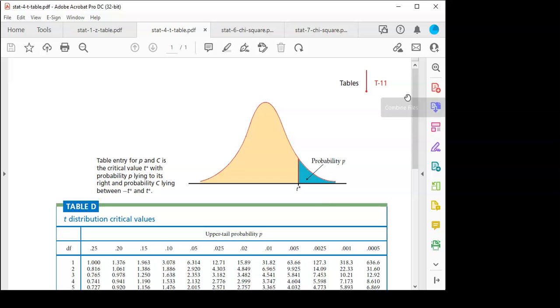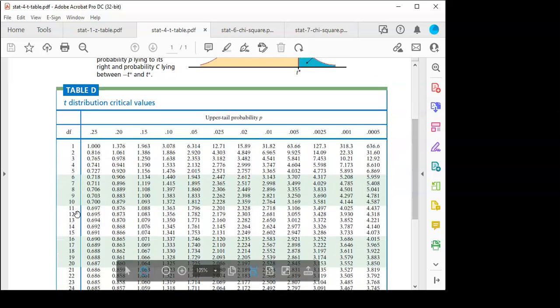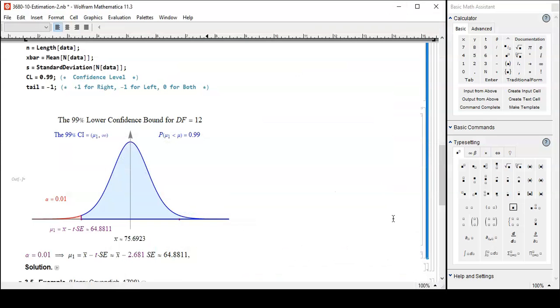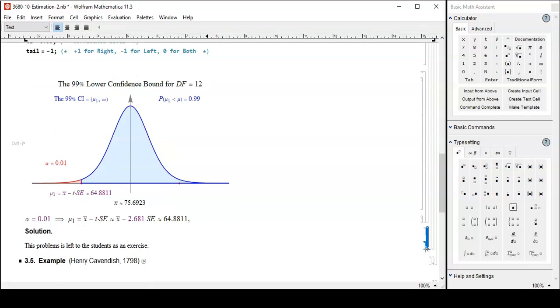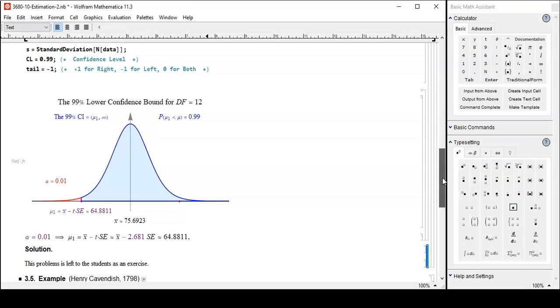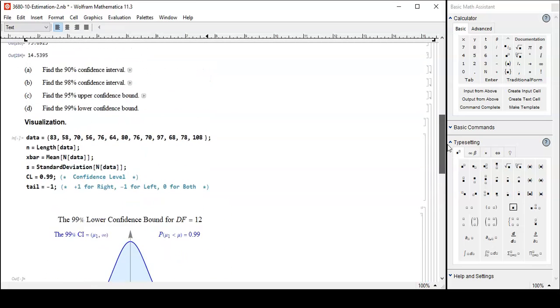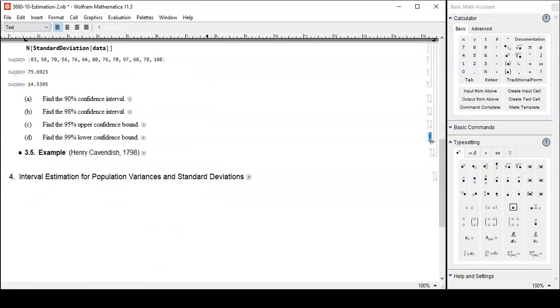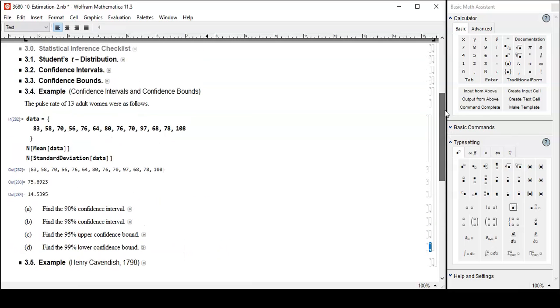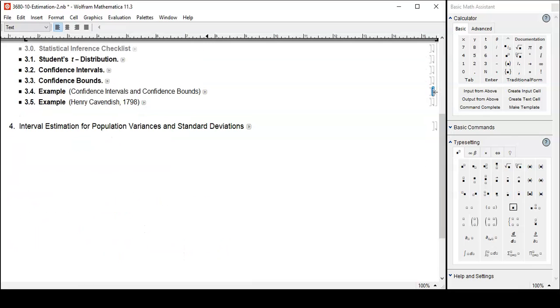Just find out your t-score from here. 12 and then 1%, 2.681 as you found out before. But you just put a negative sign to it, so you have to go to the left. All right, left as an exercise. I said too much. I shouldn't have said that. I should have let you work on it. All right, use symmetry, and that's where I'm going to stop.